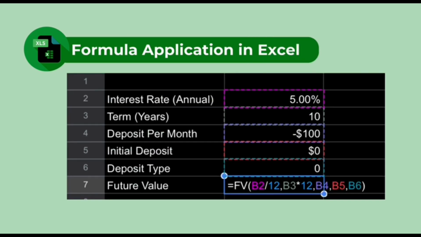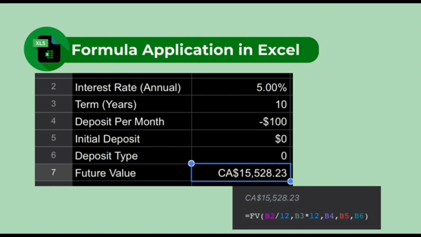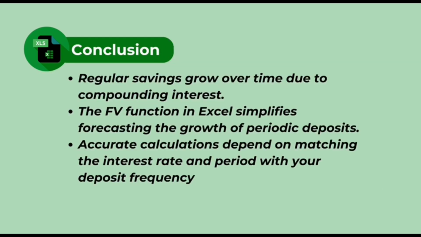So, pag gagamitin naman natin as Excel formula, meron tayo ditong equal sign, FV, open parenthesis, B2 divided by 12, B3 times 12, B4, B5, B6, and close parenthesis. And after natin ma-enter yan, meron tayong total ng $15,528.23.